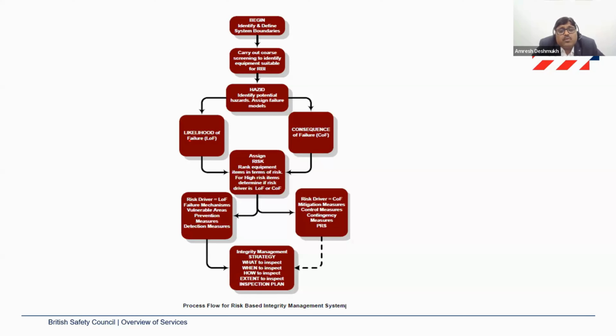Now, whenever you work on the likelihood, you're trying to work in the preventive zone. When I say the preventive zone, I'm trying to look at the basic design of my equipment, the basic process control system or the DCS system that I have, the alarm management strategy that I have, or the safety instrumented systems that I have. So the prime focus for each one of us who is doing process safety management is to prevent an event.